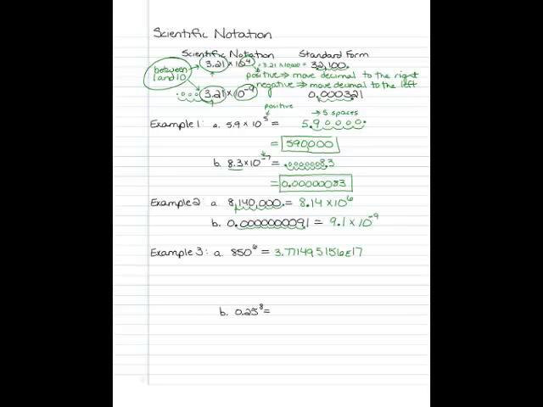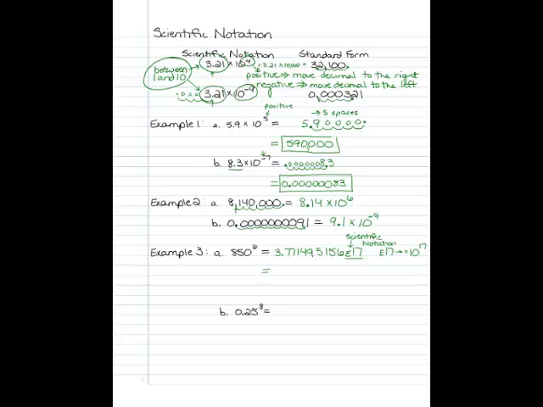This should be what you see on your calculator screen when you type this in. This piece right here, that is scientific notation. It's your calculator's way of giving the scientific notation. This small capital E, 17, is the same as times 10 to the 17th power. It's just the calculator's way of writing scientific notation.